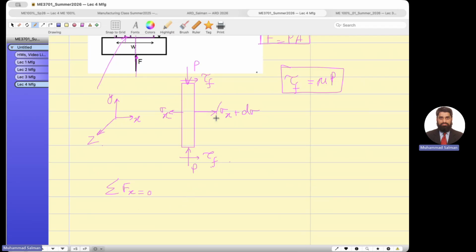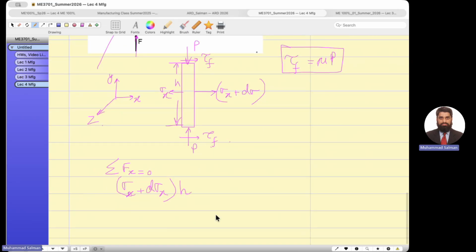So let's see, if this is the stress, and this is my height. Okay, this is my height, and you will say, Professor, why did you not take depth?